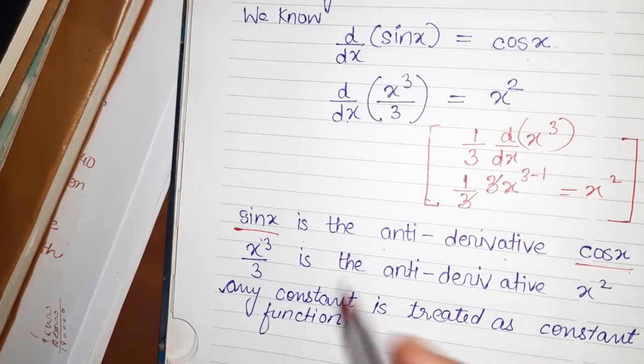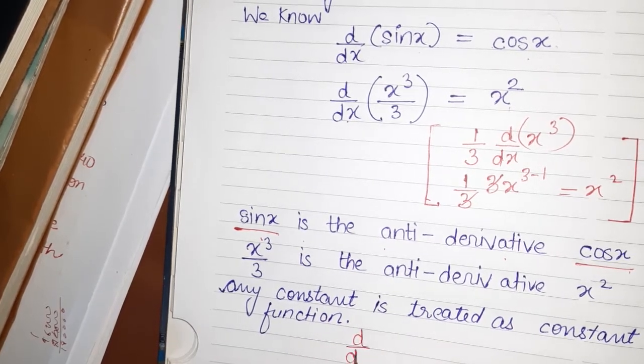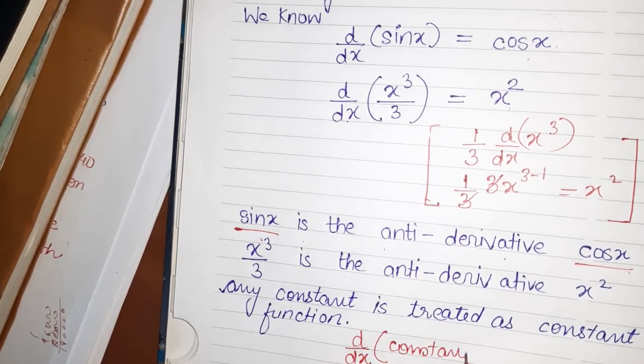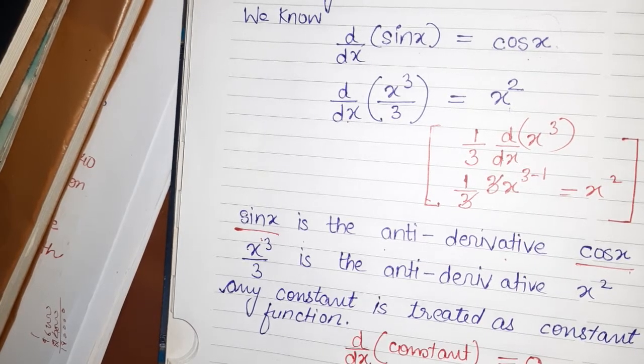And the derivative of any constant is what? Differentiation of any constant is always 0. It is also called an arbitrary constant.